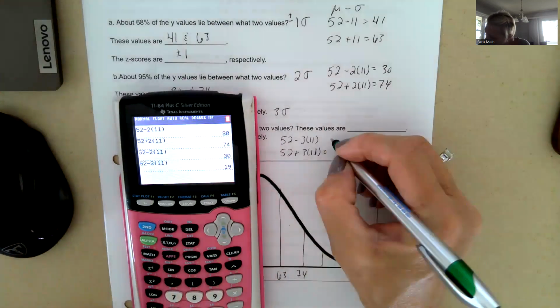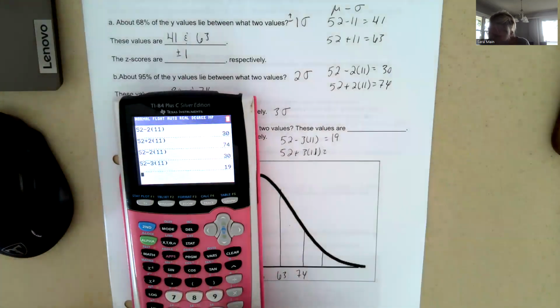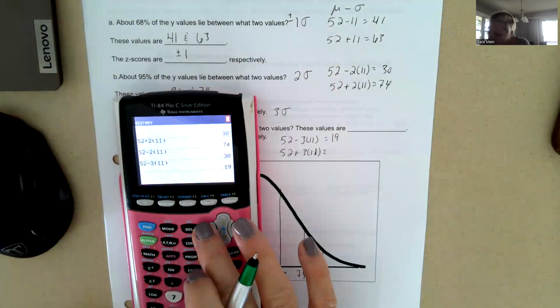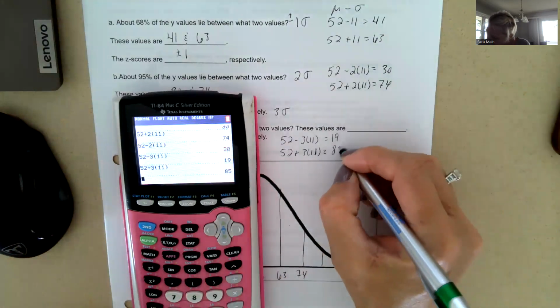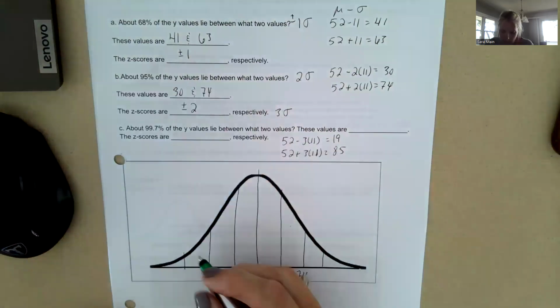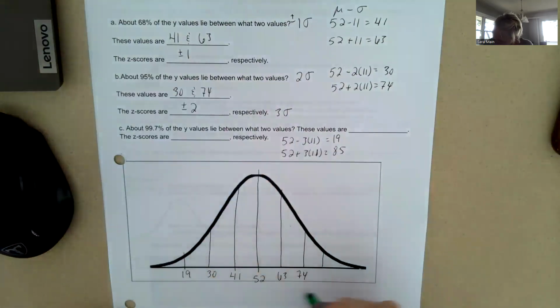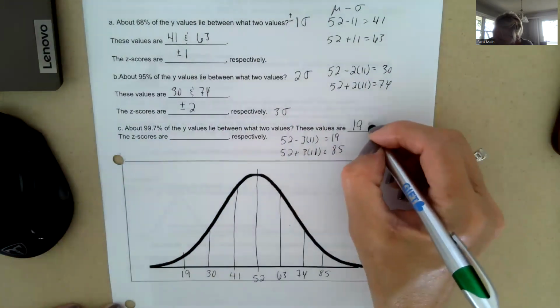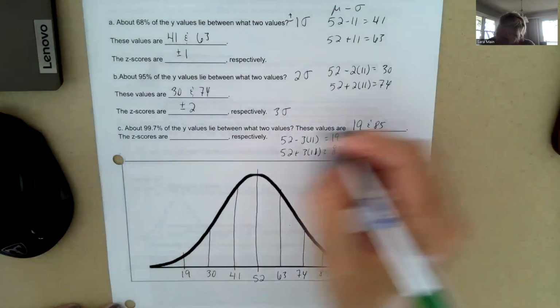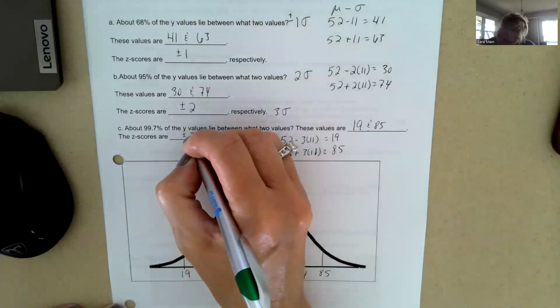That would be 19 and 85. 19 and 85. And these are going to be plus and minus 3.